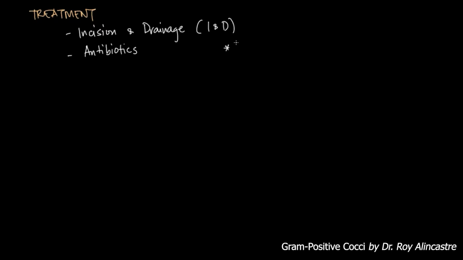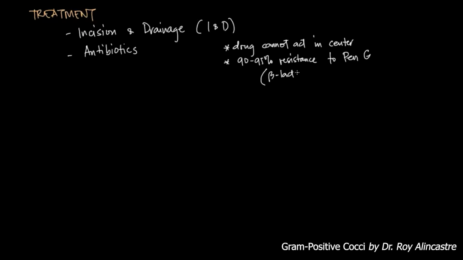Now, antibiotic treatment for Staph aureus has become quite a challenge. This is because the drugs cannot act in the central necrotic part of a suppurative lesion with pus. And around 90 to 95% of Staph aureus strains are now resistant to penicillin G, because most of these strains produce beta-lactamase or penicillinase.